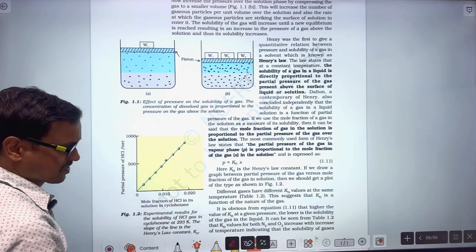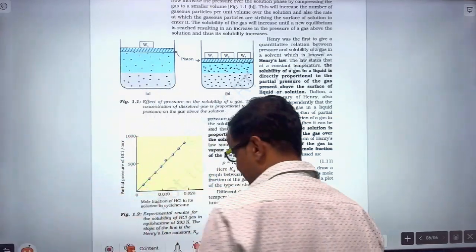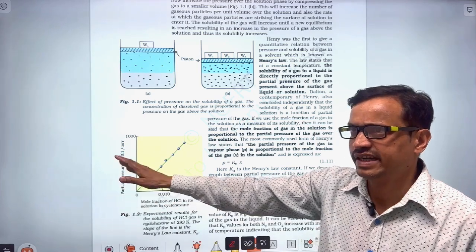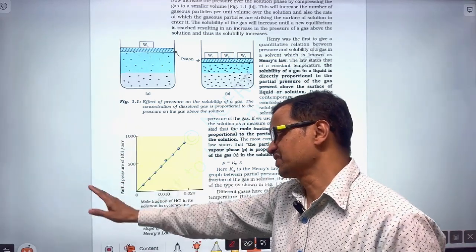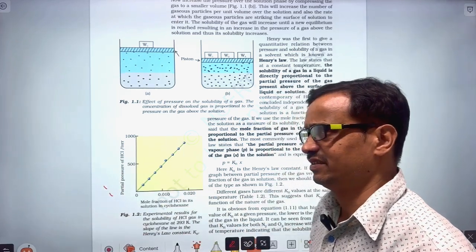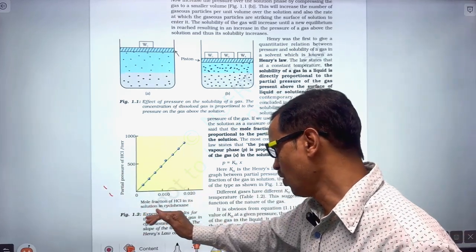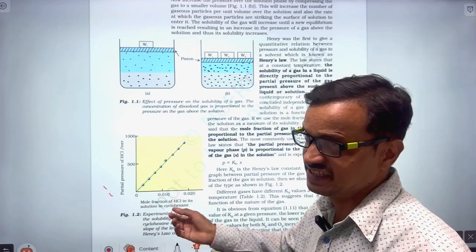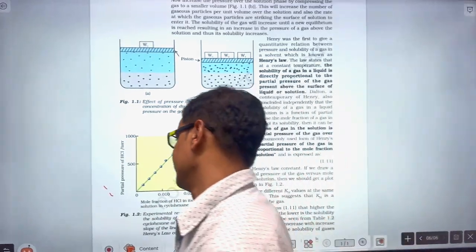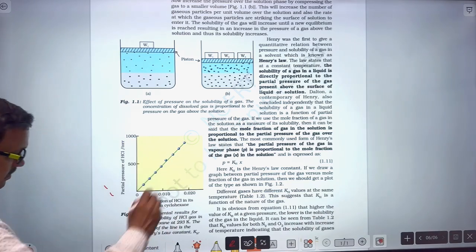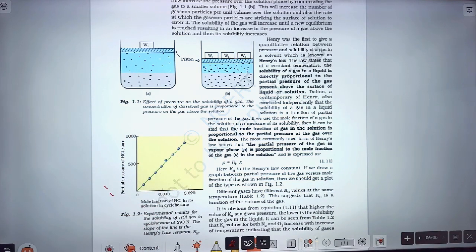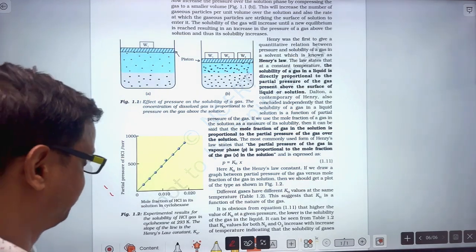There is a direct relationship between the mole fraction of the gas and the partial pressure of the gas. As the partial pressure increases, in the same manner the mole fraction of gas in the solution increases. That's why there is a straight-line graph between the partial pressure of the gas and the mole fraction of the gas.